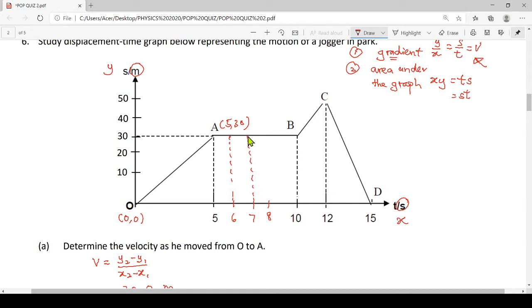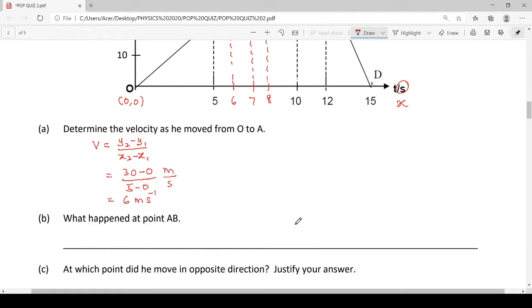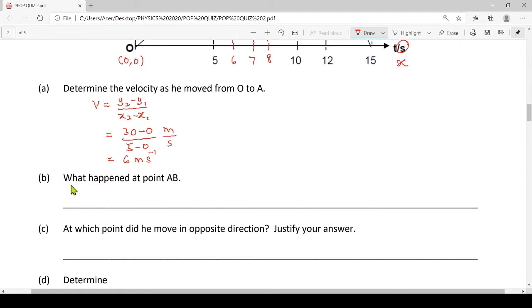Here is also 30. 8 here is also 30. 10 is also 30. So my displacement there is always 30 at any given time. So what does this mean? It simply means that this guy is not moving.